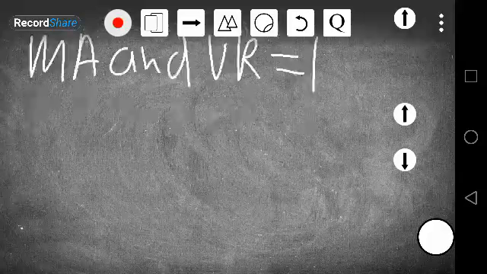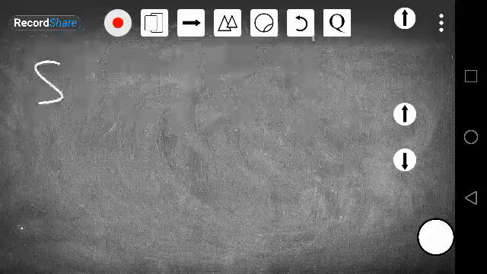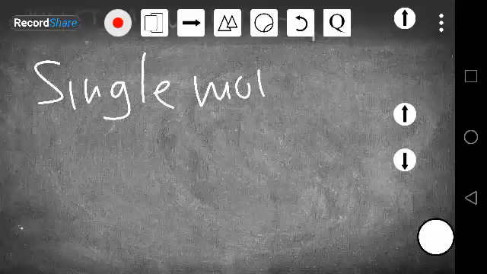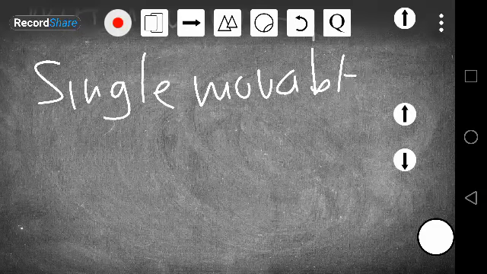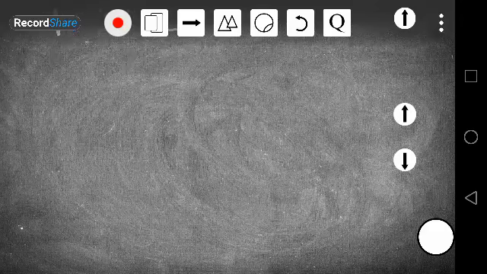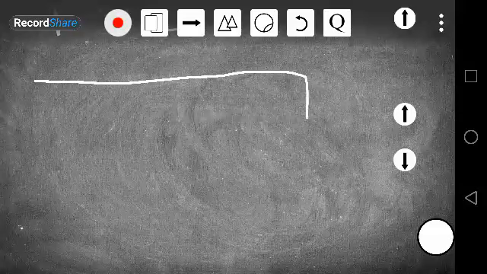So that is it for a single fixed pulley. Now we move to the single movable pulley. For the single movable pulley, it is like this.